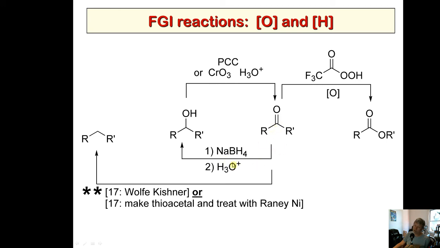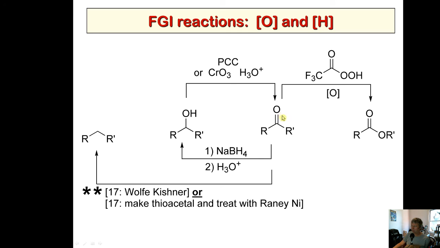Of course, you can use lithium aluminum hydride as well, but that's overkill. It's a little unnecessary because NaBH4 is fairly mild and not going to catch the lab on fire. LiAlH4 you have to be very careful with, and it will catch the lab on fire if you mess that up.